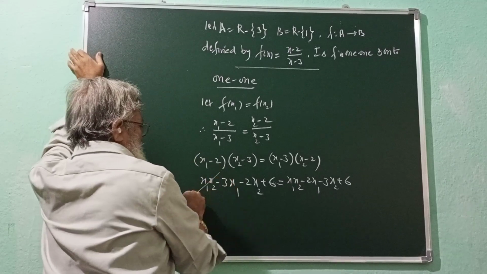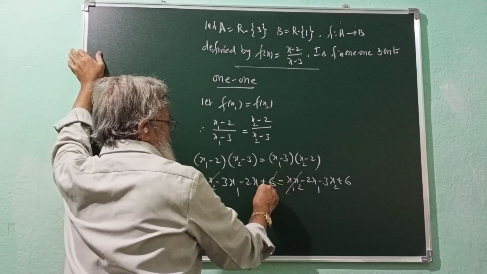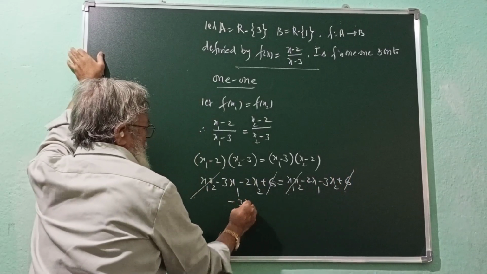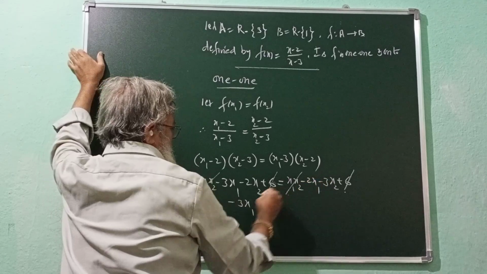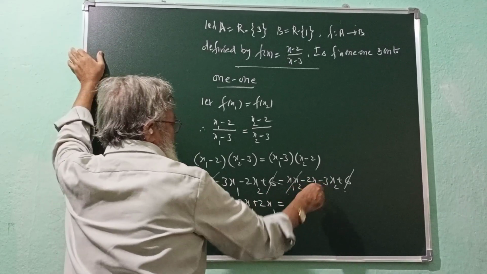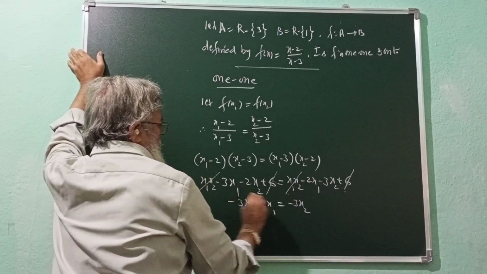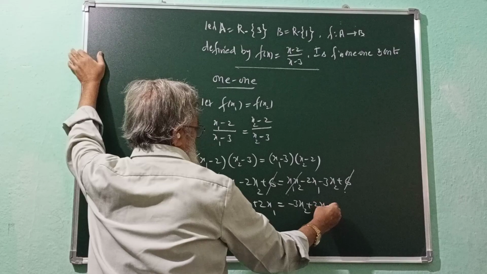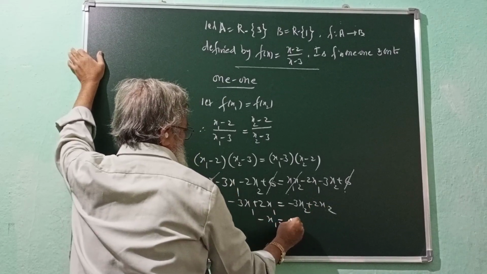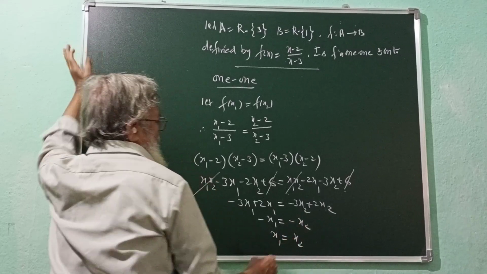Now you can see x1 x2 cancels with x1 x2 and plus 6 also cancels with plus 6. Now minus 3x1 plus 2x1 is equal to minus 3x2 plus 2x2. So minus x1 is equal to minus x2, or x1 is equal to x2.